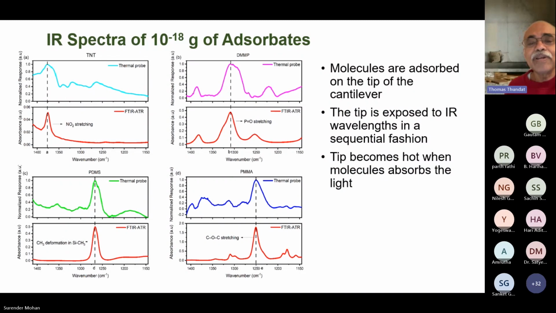And you can identify different peaks, which vibrational mode it corresponds to. There are very interesting things happening here, which we haven't studied in detail. For example, the width of the peaks are very different compared to that of FTIR.